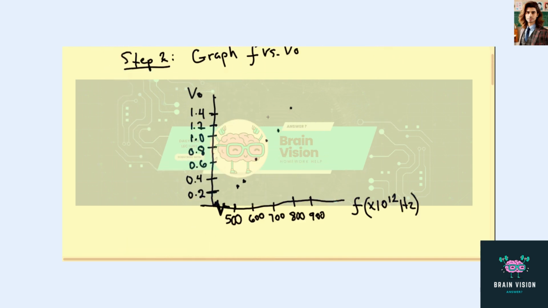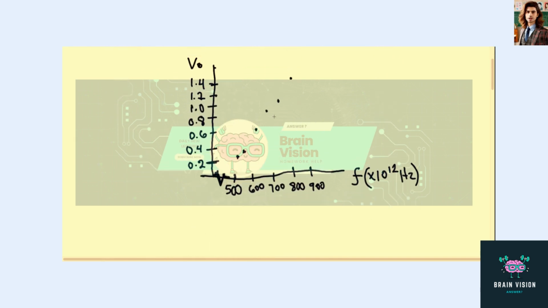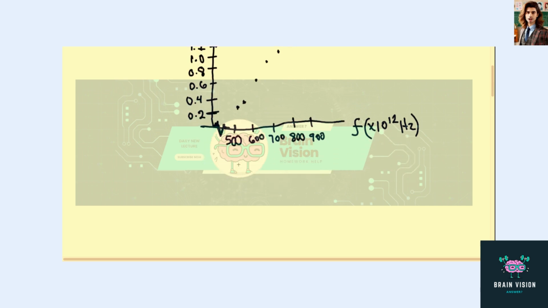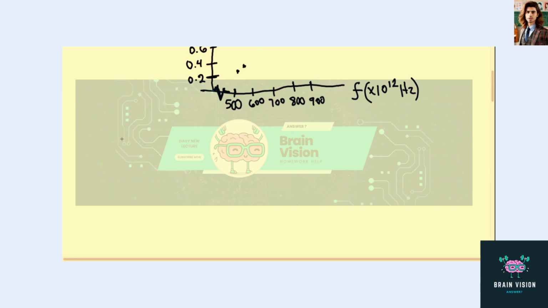Right. Okay, so now that we have our data plotted, I want you to notice that it's sort of positively correlated and it's linear. So we're going to use point slope form, which is our formula for lines, and we're going to use that with another equation that's given to us and solve some of the questions. So our third step here is to use an equation that's given to us, and that equation is equation 38.4.